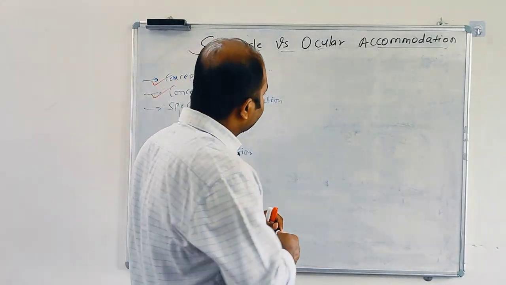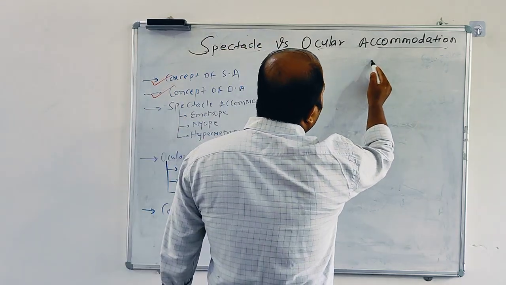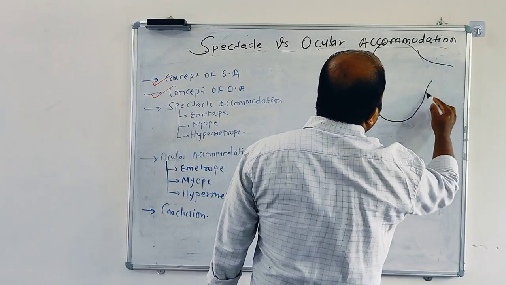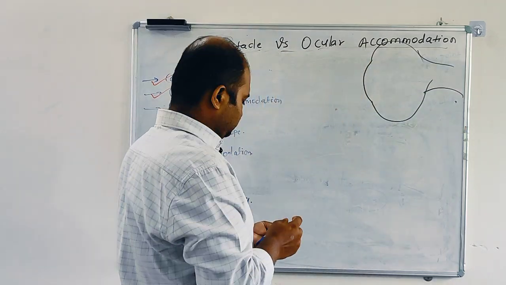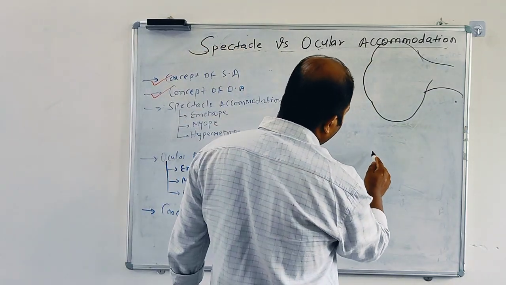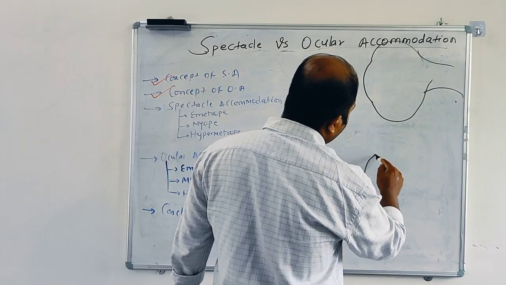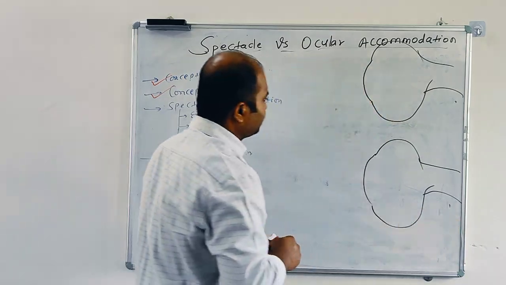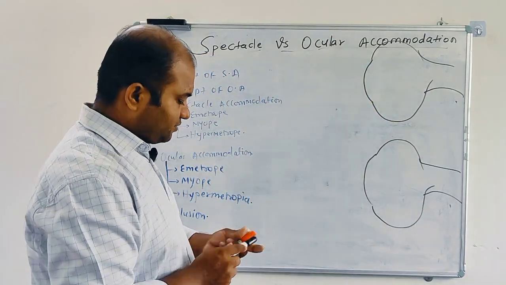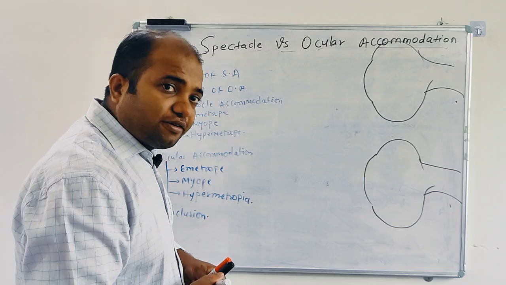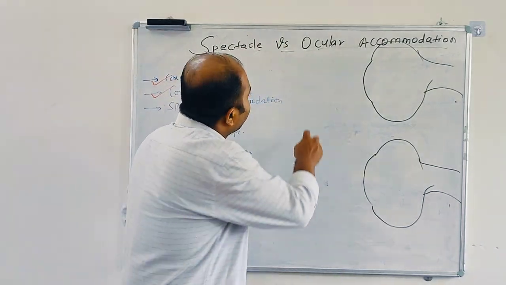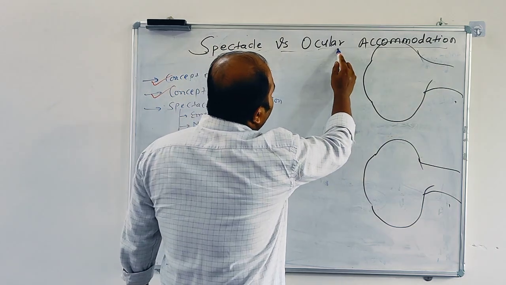Look, just see here. Here one more. So this is our eye, and these both eyes are for the emmetropic eye. Let's assume this is the glass plane.